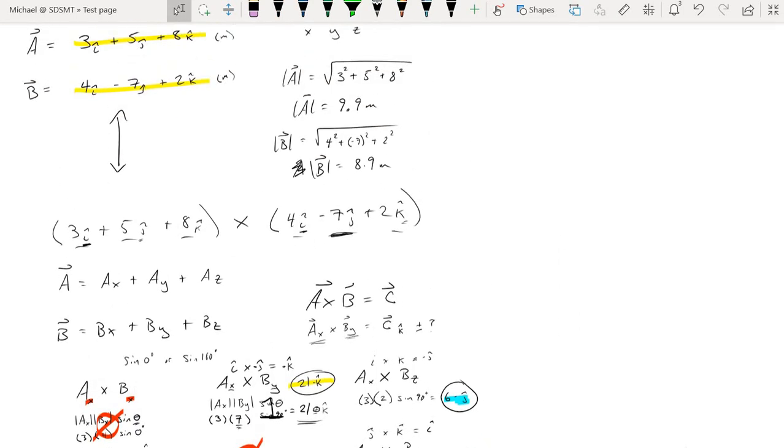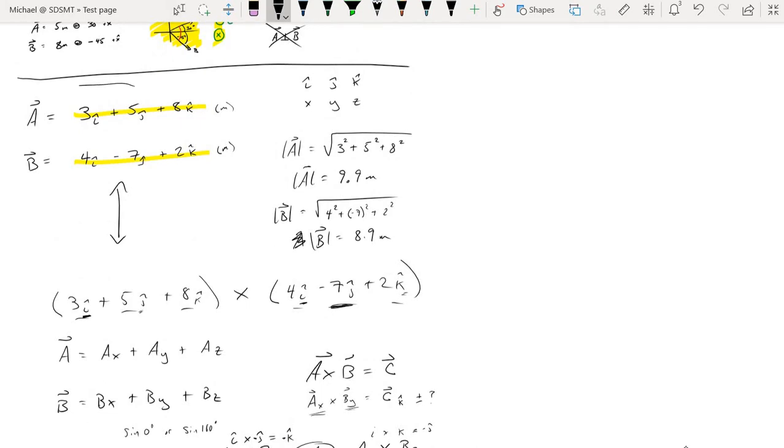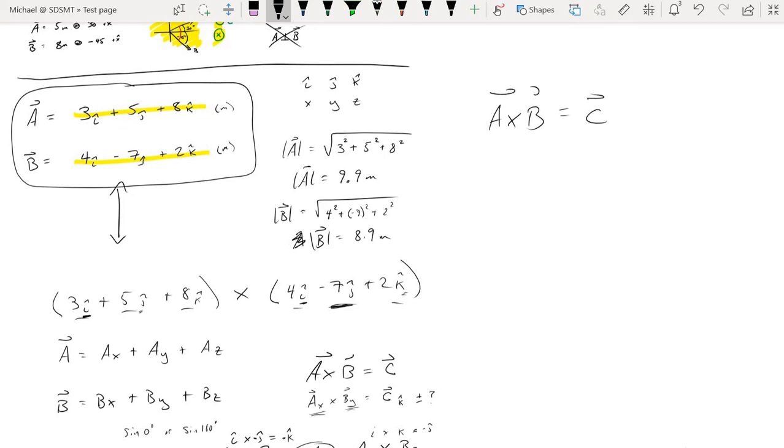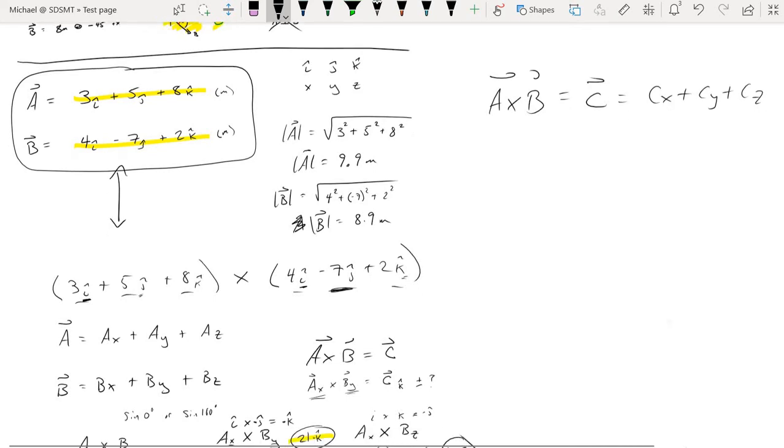We have taken our two vectors, a and b, and we said that a cross b results in a new vector that we call c, and vector c is going to have three components, I, j, and k.